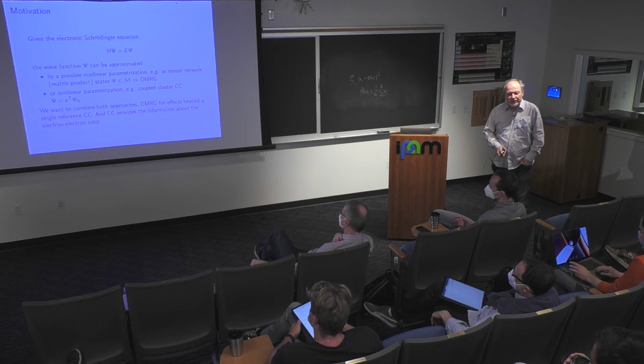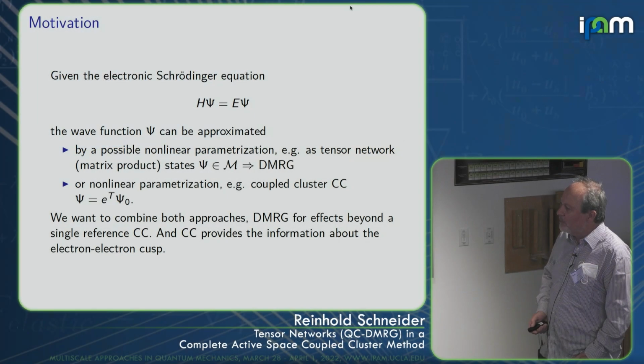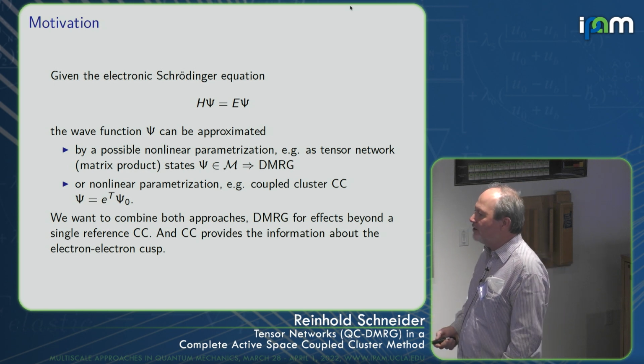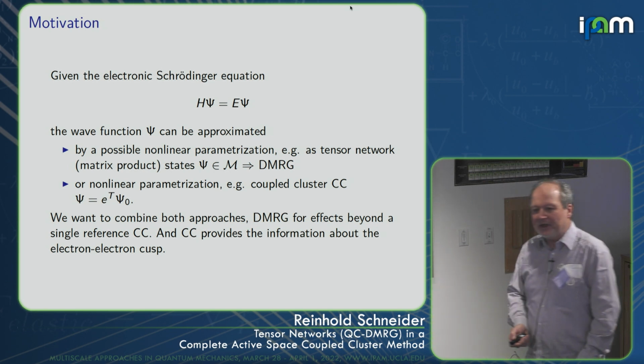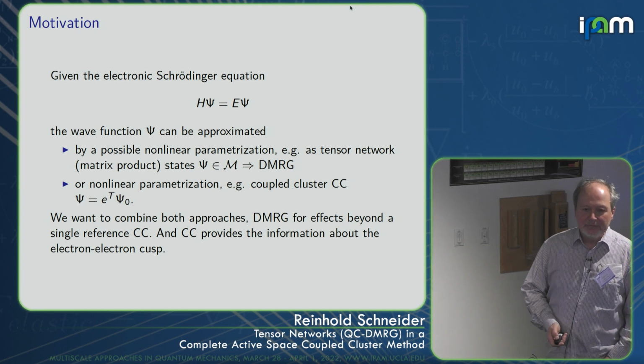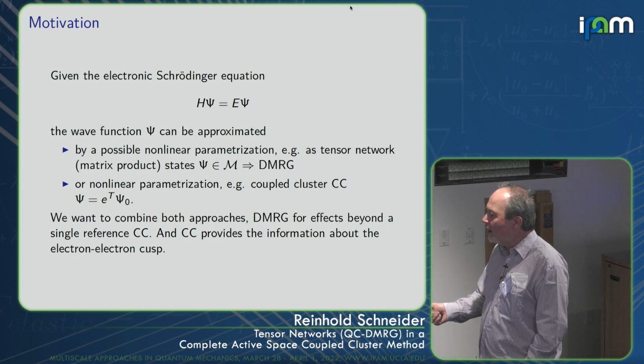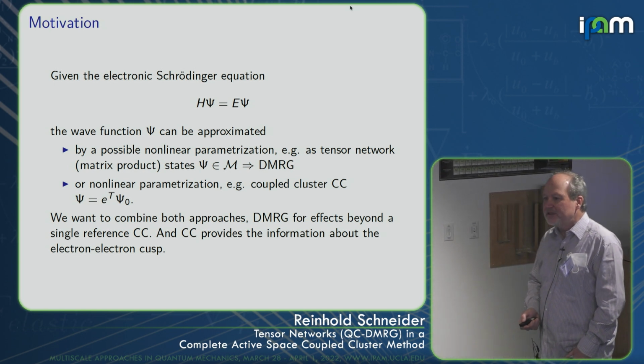the electronic Schrödinger equation by wave function methods, and so we want to find an approximate wave function which is parametrized in a nonlinear way. And I will look at two kinds of nonlinear parametrization.